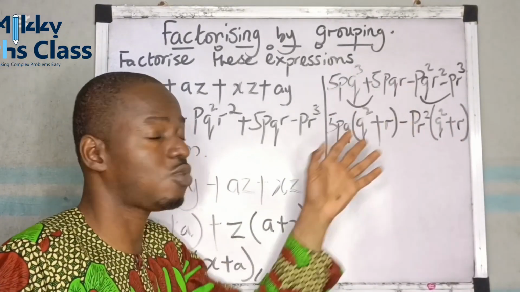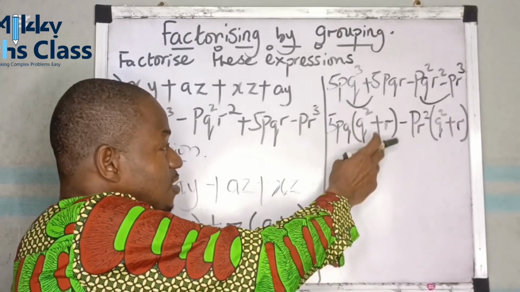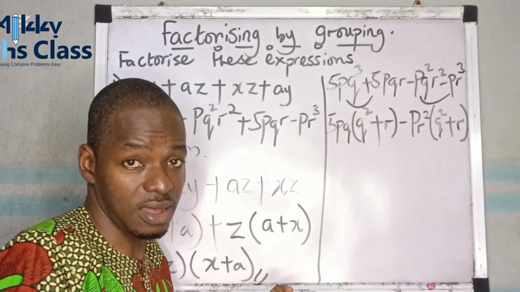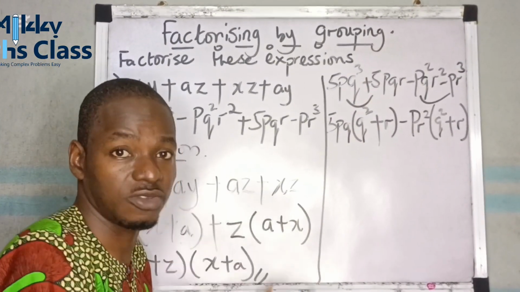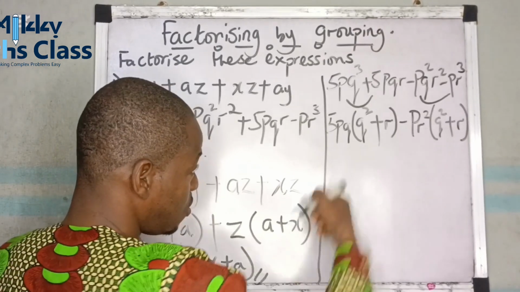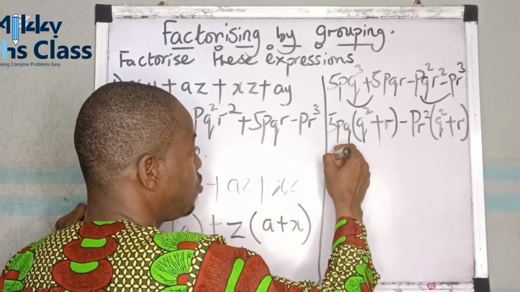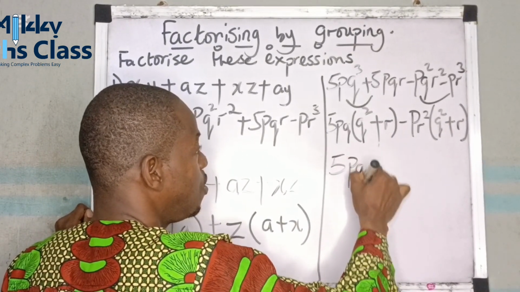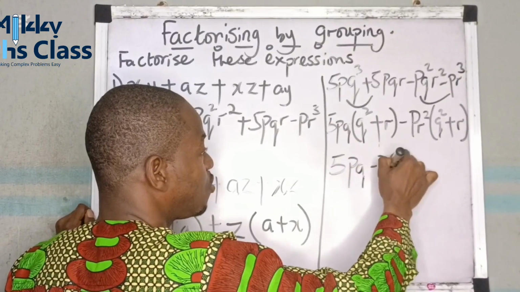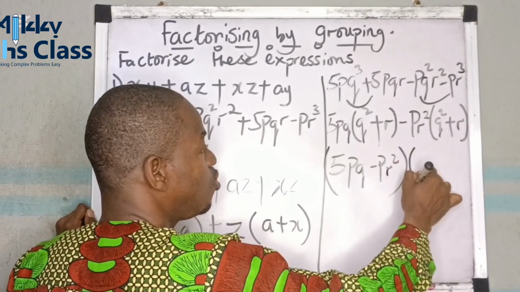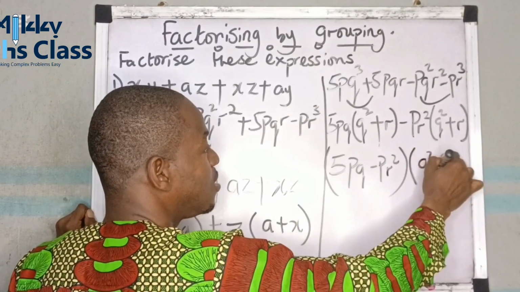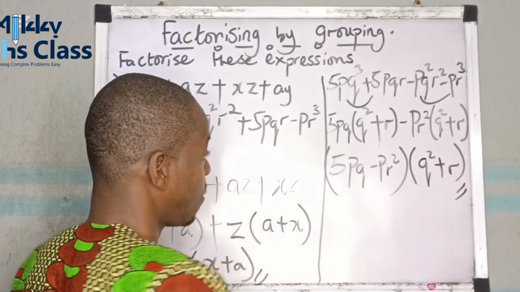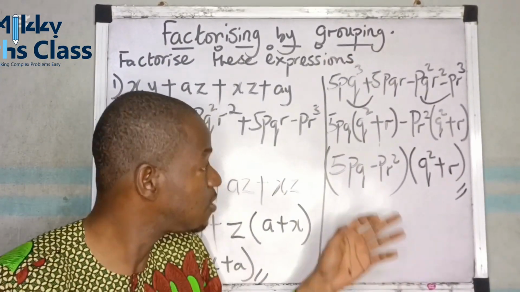If you have grouped it and what is here is not what is here, check again. That means there must be an error. Now from here, just pick one of them. So this becomes 5pq minus pr squared into brackets q squared plus r, and you have ended up factorizing this expression.